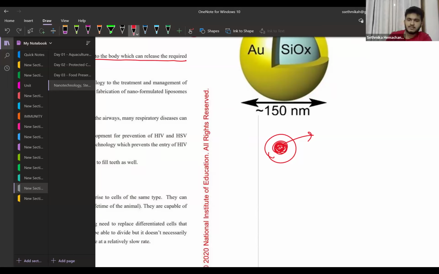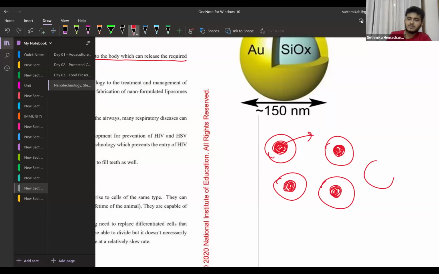Just imagine there are 5 nanoparticles, and the blood glucose level increased only slightly. Then only one might release the insulin, not all of them. Right? Only one might release the insulin.